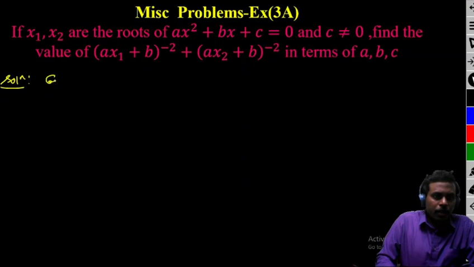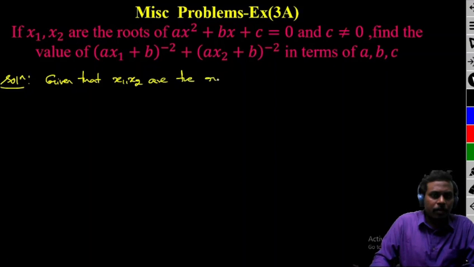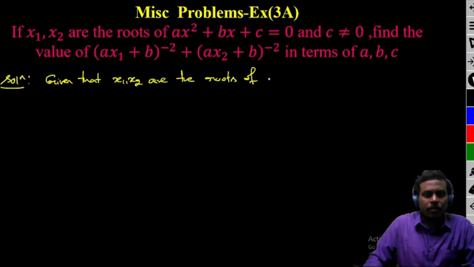Okay, given that x1, x2 are the roots of ax square plus bx plus c is equal to 0.